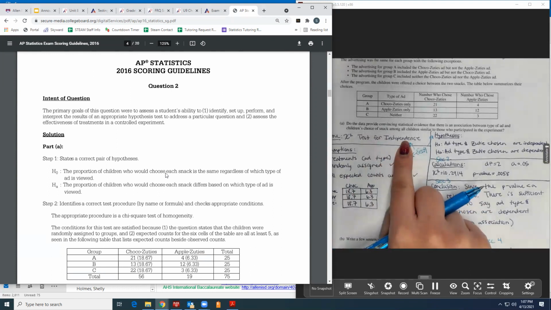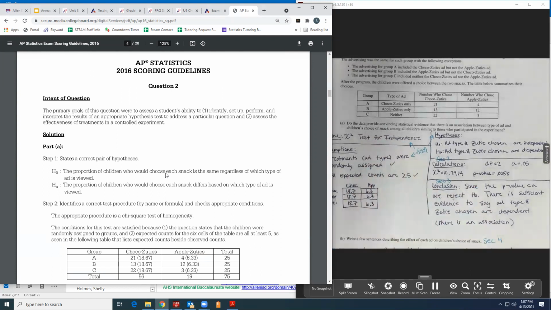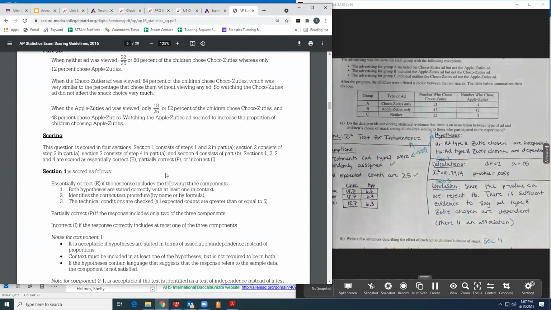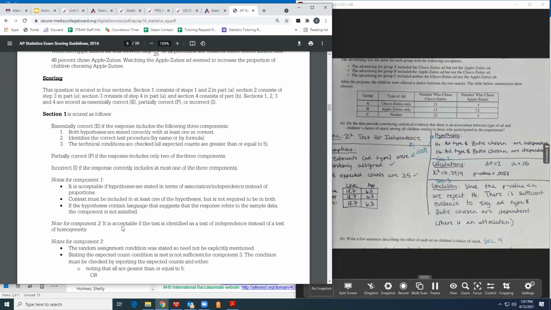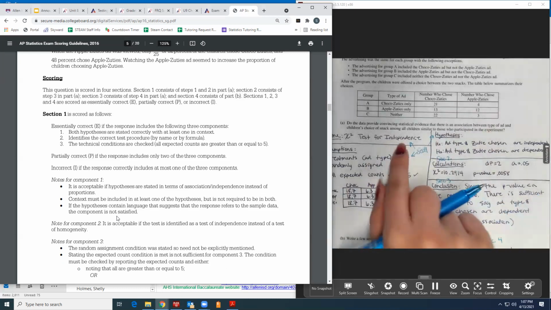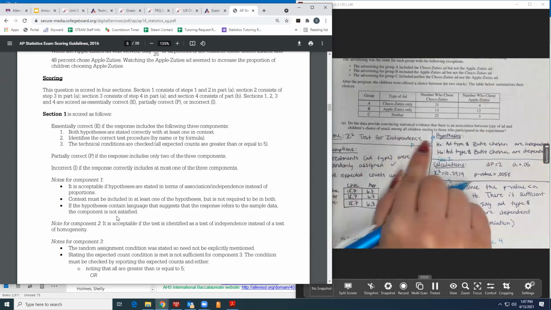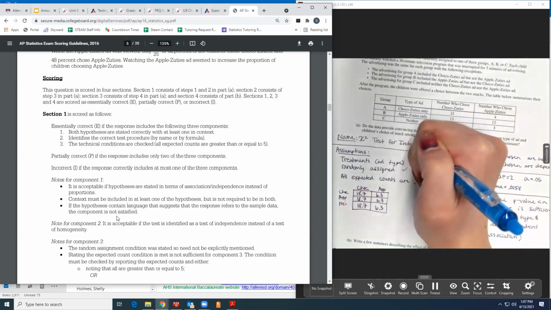So chi-square test for independence is fine, I believe is what it says. Yes, note for component 2, it is acceptable if the test is identified as independence instead of homogeneity. Or maybe it's the wording association. I don't know, but they said it's fine.